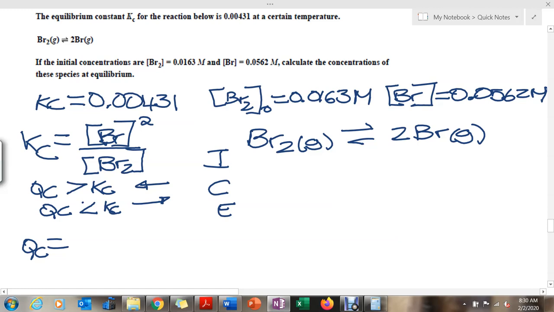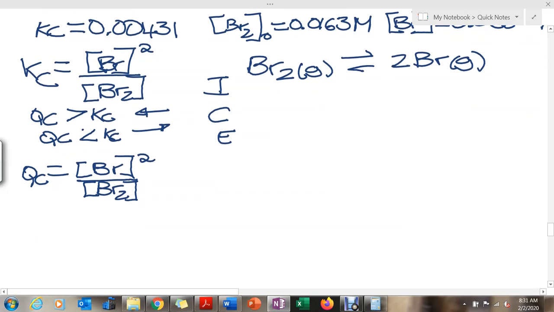So on the top, we're going to have the initial concentration of Br to the square. So the concentration of Br is the same expression of the equilibrium, to the square divided by the concentration of Br2. Using those initial concentrations, we're going to calculate Q and see where the reaction is going.